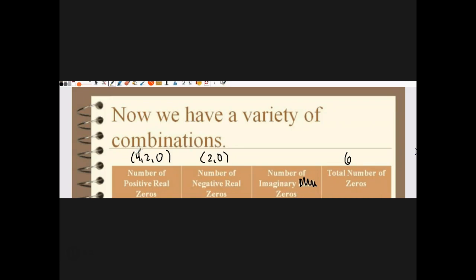So in the case of this problem, we can have 4, 2, or 0 in the real column, 2 or 0 in the negative column, and the imaginary must always come in pairs. And the total number cannot exceed 6.